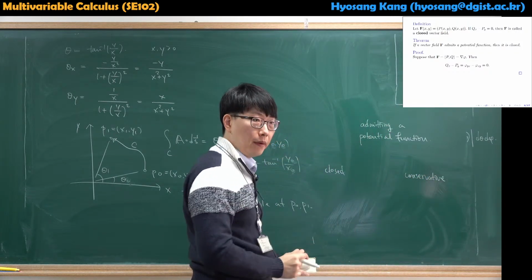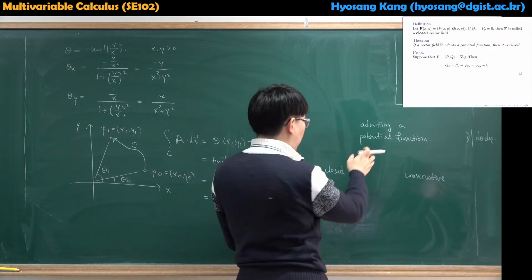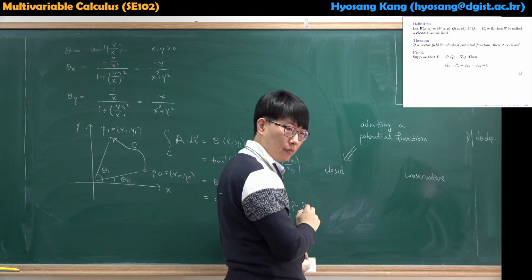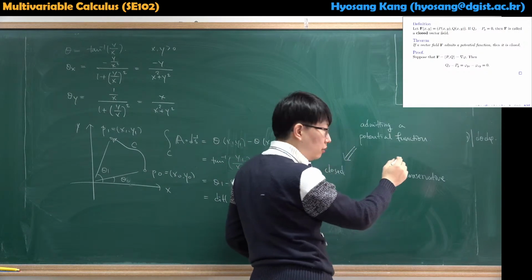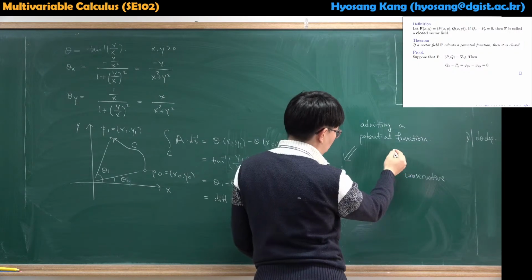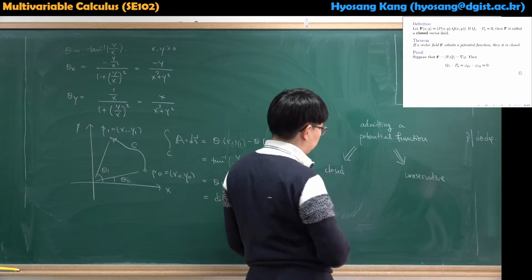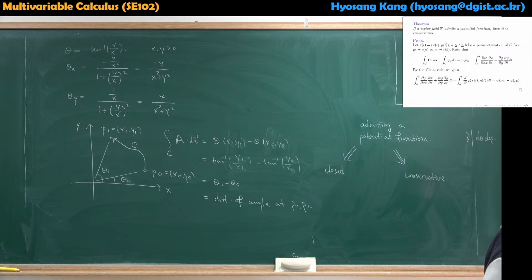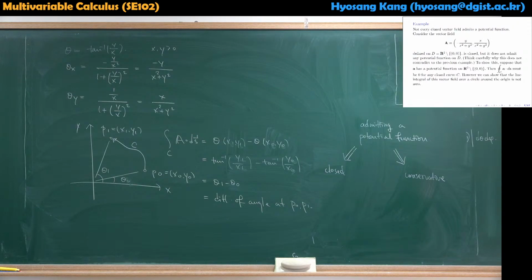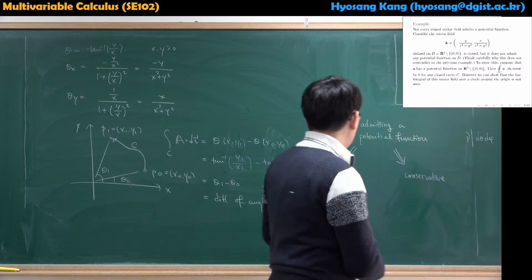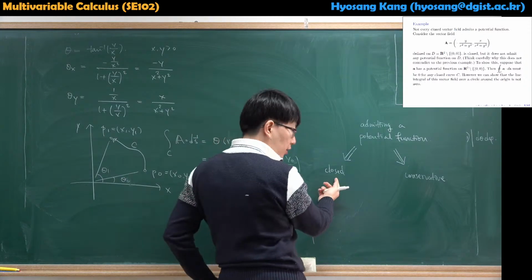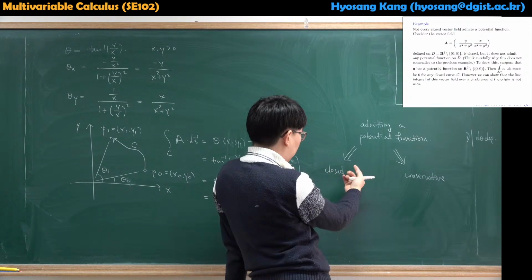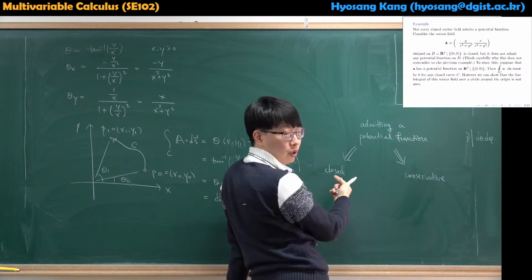Okay. So we showed that if it has a potential function, then it's closed. That's the easy part. And we also showed that if it has a potential function, then it is conservative. And we also saw the examples. But look at this one. We have an example that says a vector field is closed but does not have a potential function. So it says that the converse of this direction doesn't work.